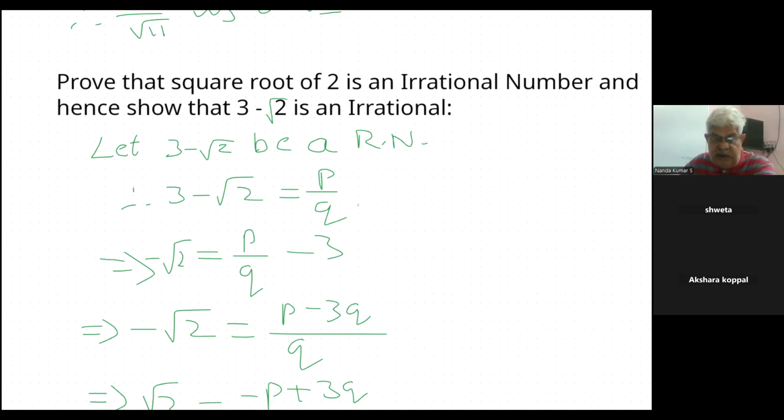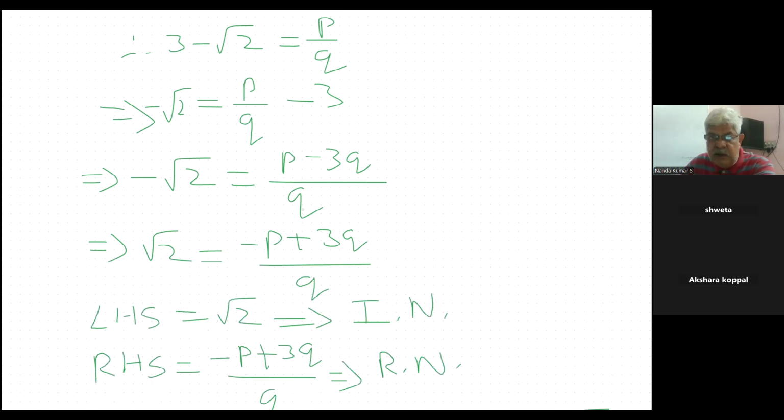Definition you should remember. Then minus root 2 equals p by q plus 3 I shift to the right hand, it becomes minus 3. As we have shifted here, I take the LCM. Q is the LCM, therefore numerator becomes p minus 3q. Then the negative sign I shift to the right, plus p becomes minus p, minus 3q becomes plus 3q, divided by q.